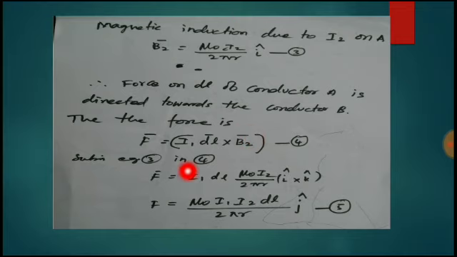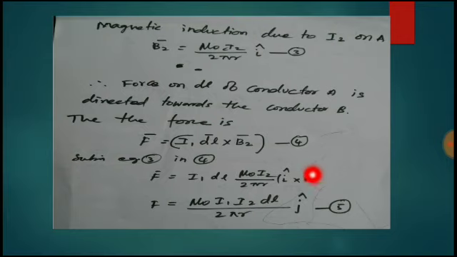So substituting equation number 3 in equation 4, you will get F is equal to I1 DL and B2 substituted, mu naught I2 divided by 2 pi r, here I cap into J cap, because the force acts in the perpendicular direction, which is the Y direction.